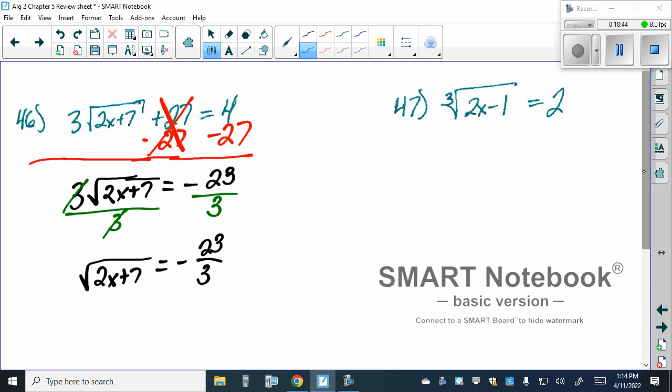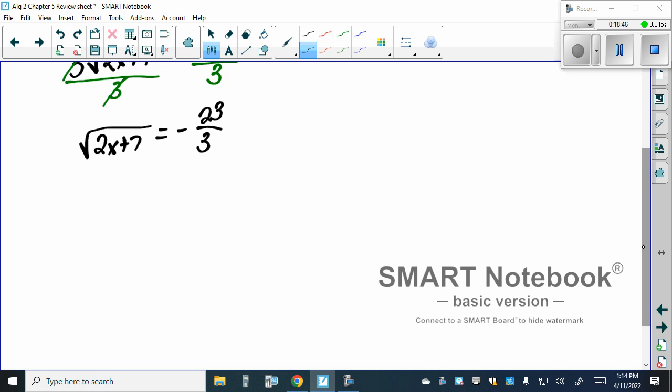Is the radical by itself now? Yes. So what can we do next? We can square both sides, because to simplify the radical, we need to put both sides to the nth power.